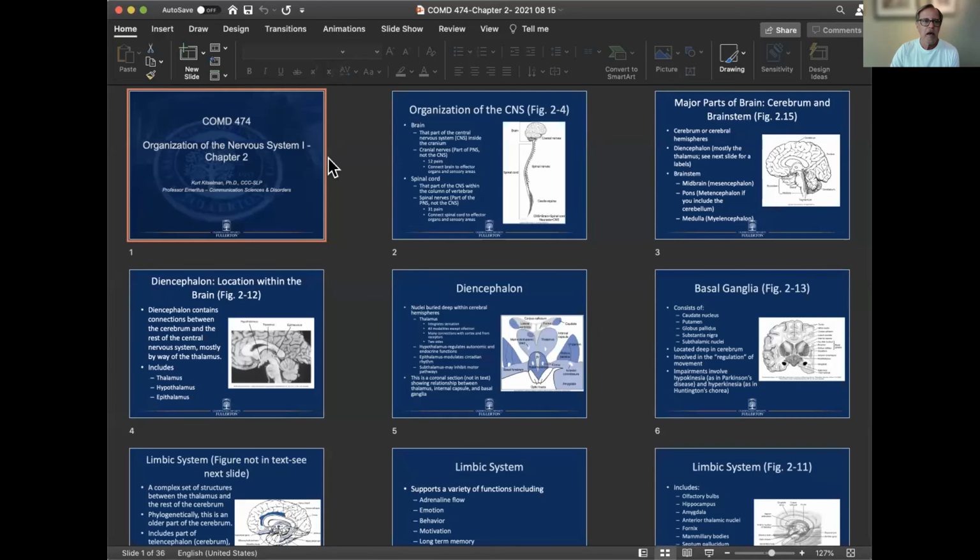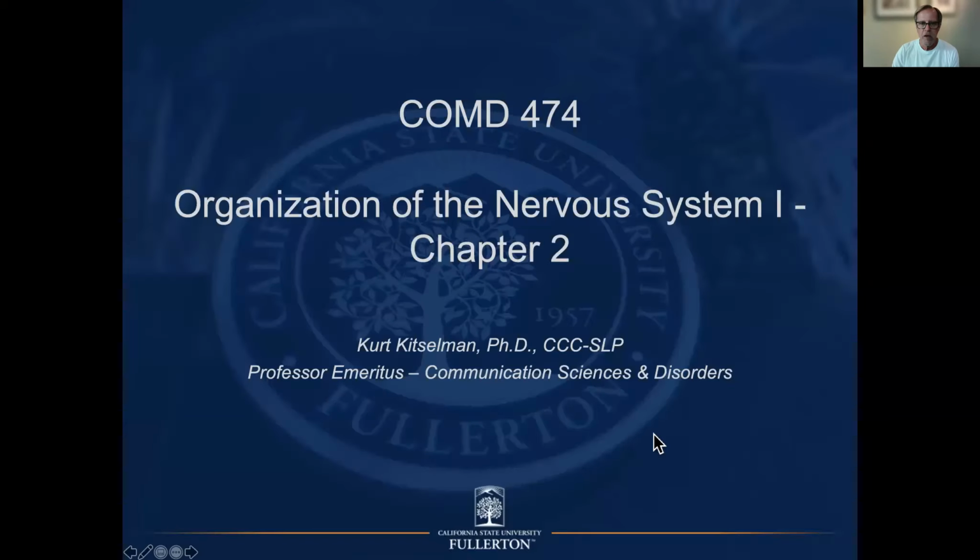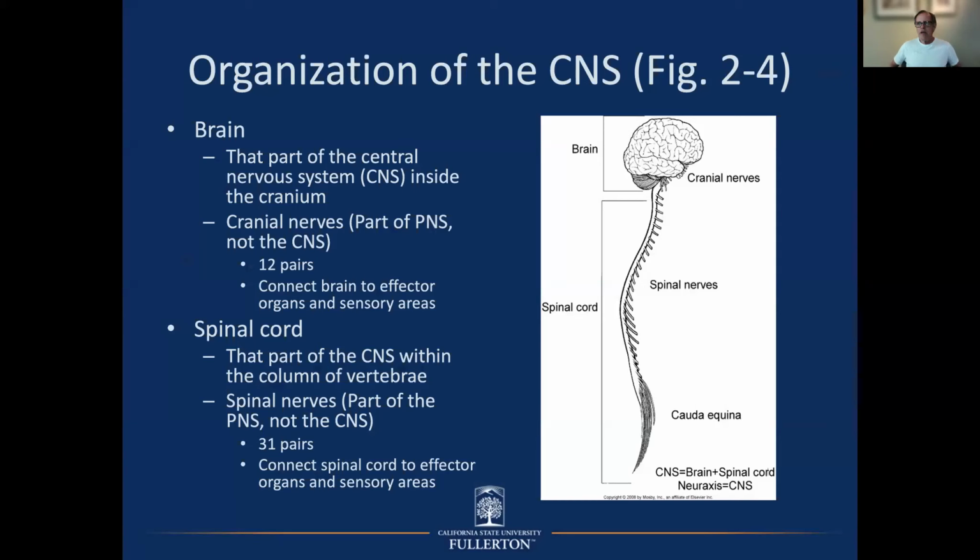All right, that said, let me share a screen here and go here and find that slide and enlarge it. And there we are. There's just the name of the chapter, Organization of the Nervous System 1, Chapter 2. The chapter is sort of just an overview of everything.